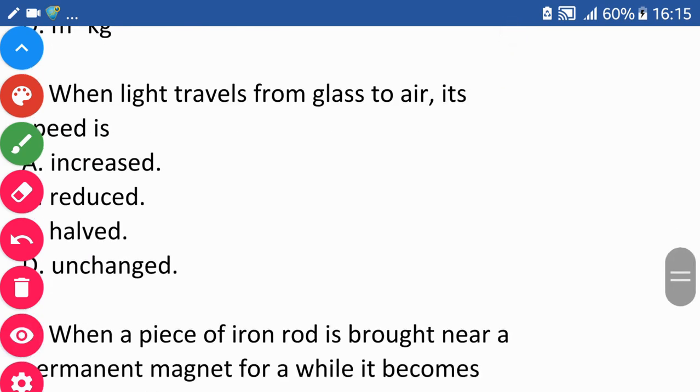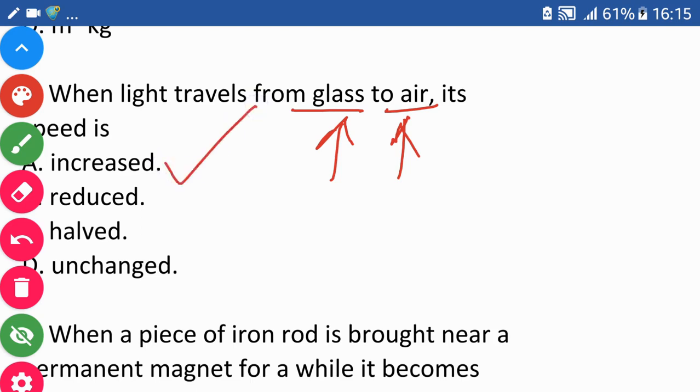When light travels from glass to air, its speed in glass is slow, air is less dense, so it's fast. So from glass to air, the speed increases.